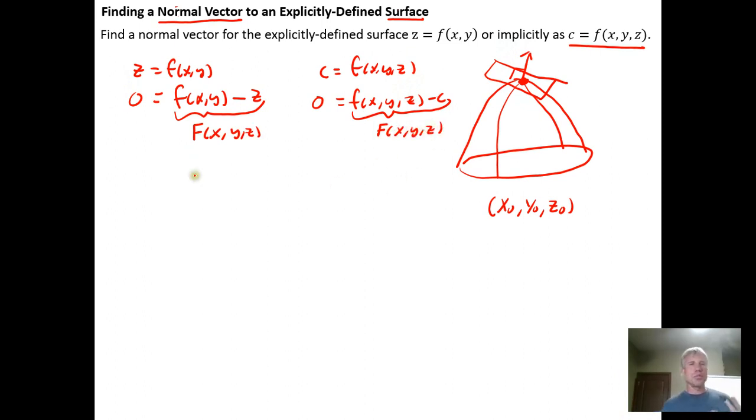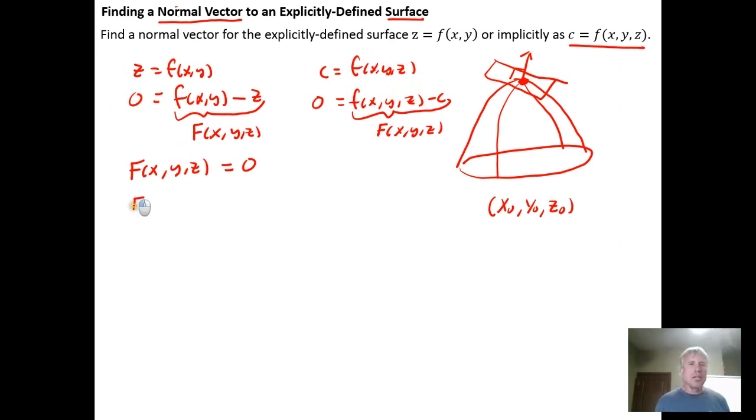And when I do this, there are three things that I know. I know that in both cases, big F of x, y, z is equal to 0, which means that the rate of change of big F at this point is going to be equal to 0. Because the function is equal to a constant, the rate of change of a constant is 0.